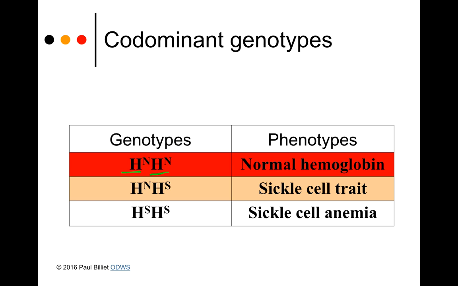If someone has the trait, that gives us N and S, and that's where 50% are sickled. And if someone has two S alleles, 100% are sickled.